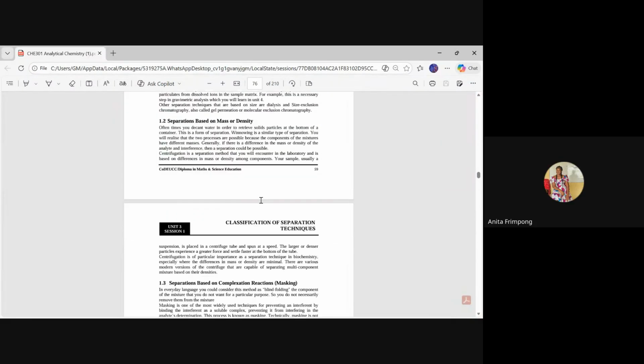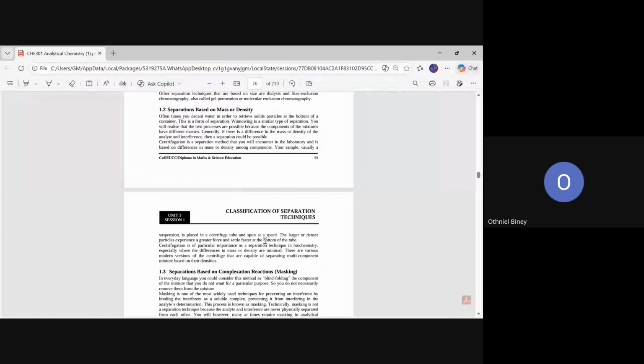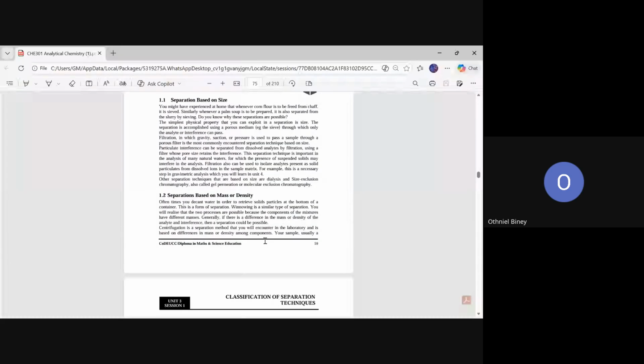Okay, so separations based on mass or density. Okay, sorry, quick one. Maybe with this one, examinable questions will be just basically knowing. In this particular case, we've talked about filtration. Separation based on size. You should just know these things, like, when do we apply filtration?